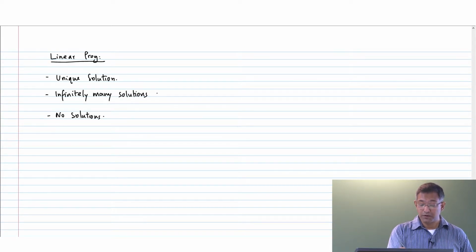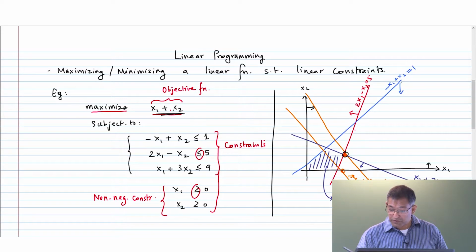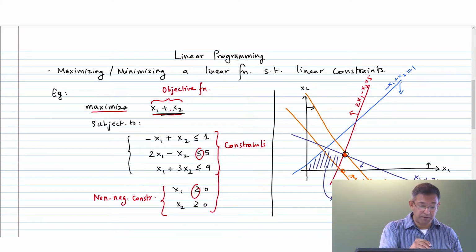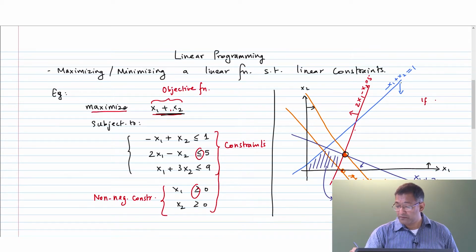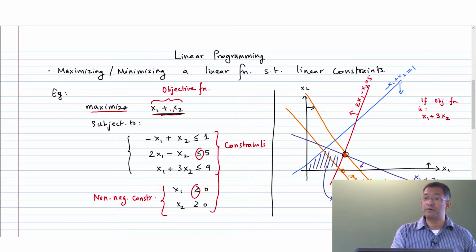Let us look at the situation where there are infinitely many solutions. If we go back to this picture, let us suppose that the objective function is x1 plus 3x2. So, we modify the objective function, instead of x1 plus x2, to x1 plus 3x2.